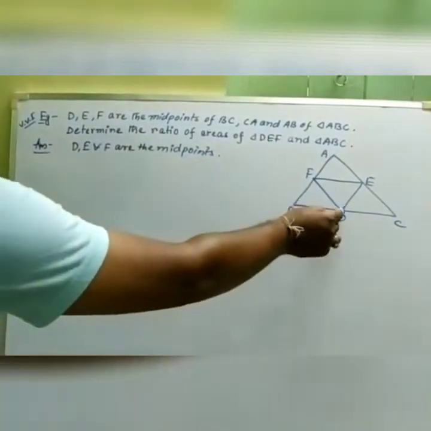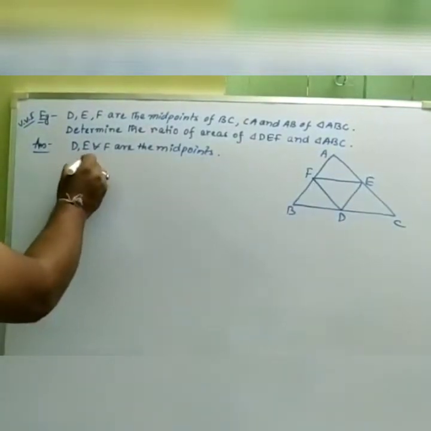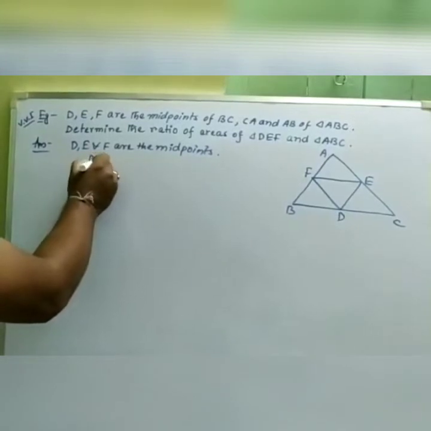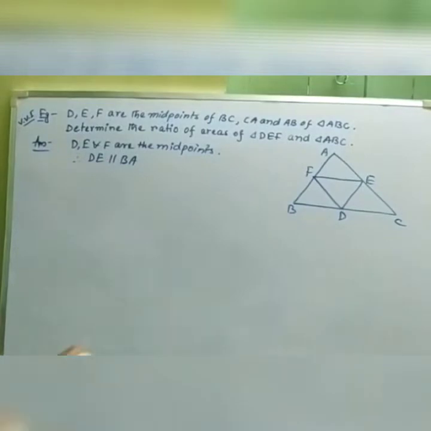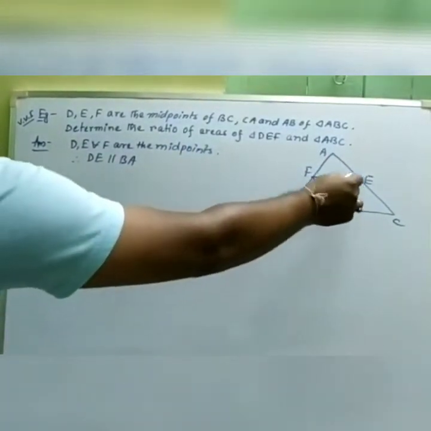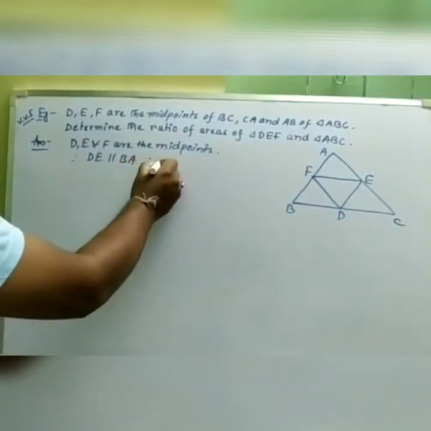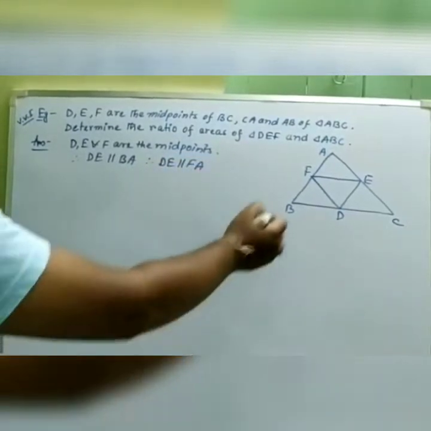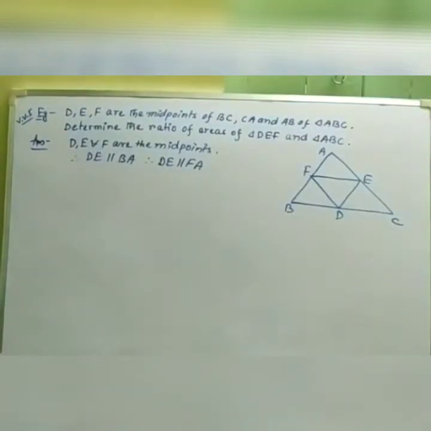So here we can say DE parallel BA. By the midpoint theorem, DE parallel BA, that means DE parallel FA, because F is the midpoint of this side AB.